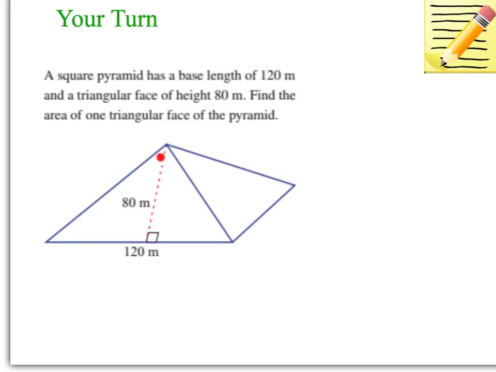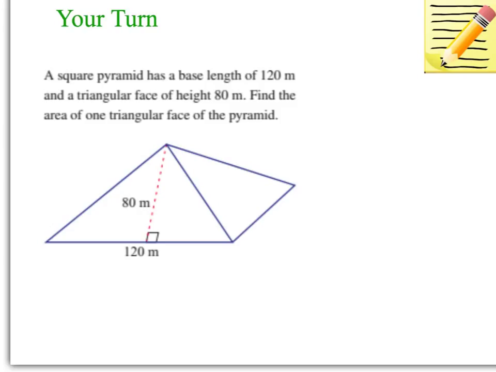So you only need to find the area of one of the faces. So really we just need to work this out as an area of a triangle. If you needed to work out more of the other faces, then you would need to multiply that area by however many faces you needed to work out. But this is pretty straightforward here. So go ahead and do that. Pause the video while you do that, and then I'll do the answer.